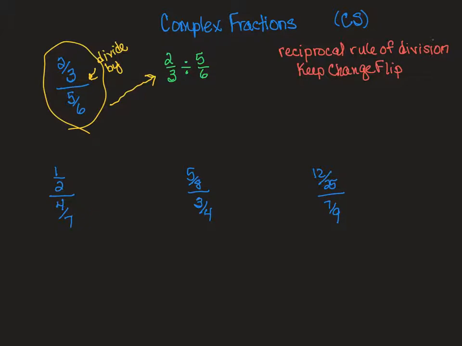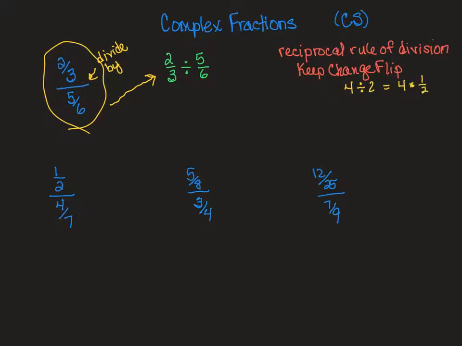And what it says is that if I take a number and I divide it by a fraction, it would be the same as multiplying by its reciprocal. So for instance, if I have 4 and I'm dividing it by 2, it's the same as 4 times 1/2, right?